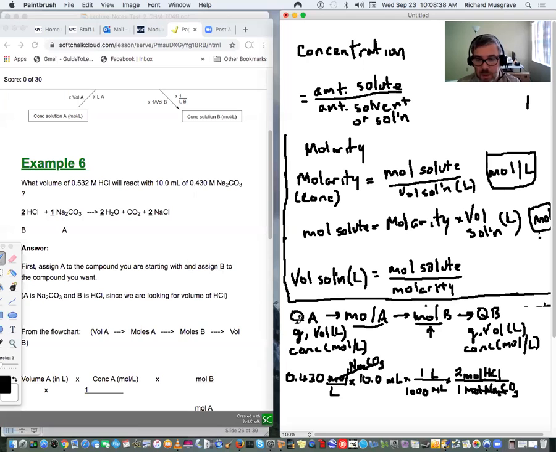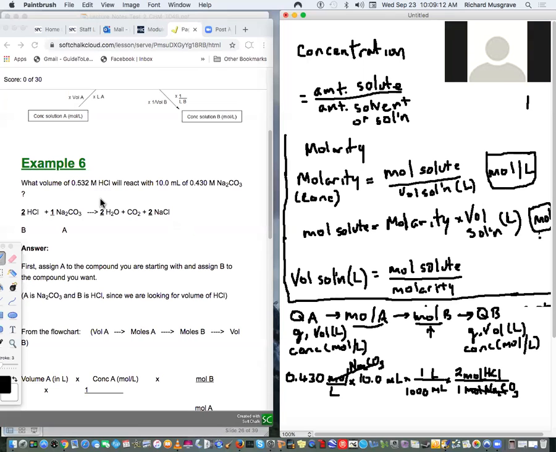But David, the main focus is on this flowchart. The quantity of A here is essentially a concentration and a volume, these two things, in order to get to moles. But then I have to get to moles of the other thing as well, and I do that by using the reaction. I'm not done yet because what I need is a volume of HCl, which I haven't found yet. I'm not done with the problem. I'm just stopping here to make sure that people understand what I'm doing.